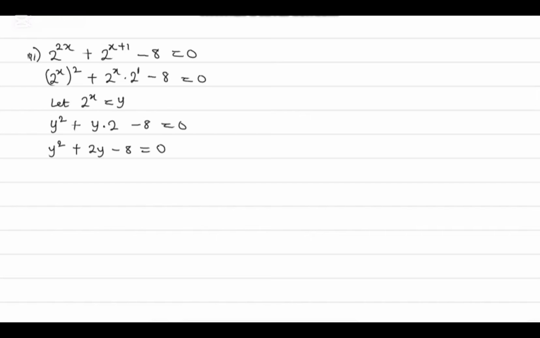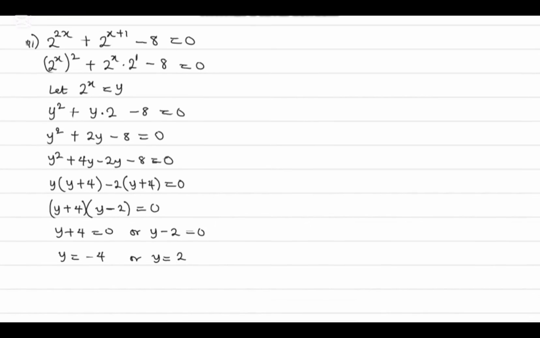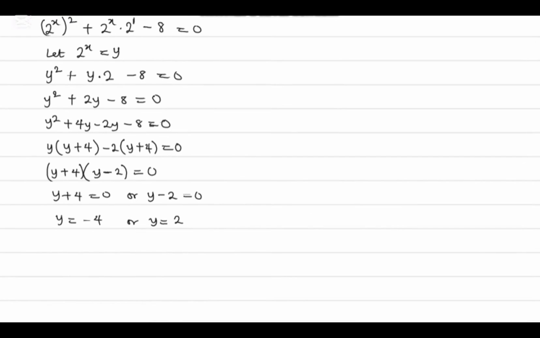To factorize this, you say y squared plus 4y then minus 2y minus 8. I will just go straight to the final solution of the quadratic equation. And so you can see we have y equal to minus 4 or y equal to 2.